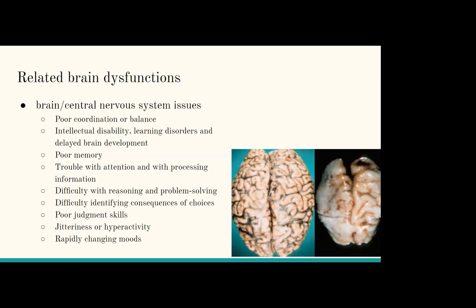They have difficulty with reasoning and problem solving, so they can get very angry over small situations. Like, I know math is a big issue, that was with my brother, at least. They have difficulty identifying consequences of choices and poor judgment skills. They're jittery and hyper, and they have rapid mood swings.